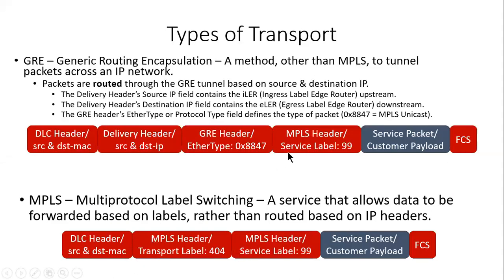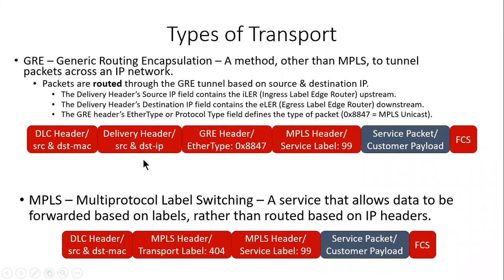So this service label, of course, is going to come from our service, but the act of getting this particular packet with this particular service label from our ingress LER to our egress LER is going to take place via GRE, or can take place via GRE.